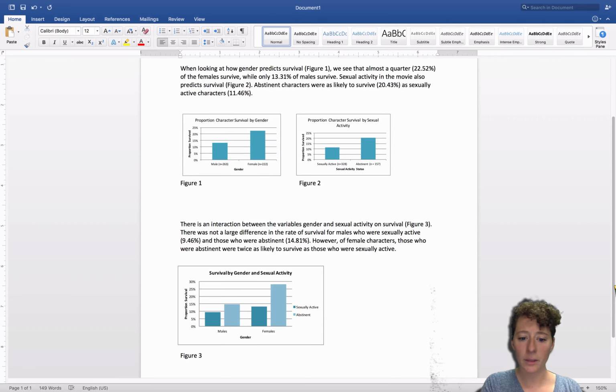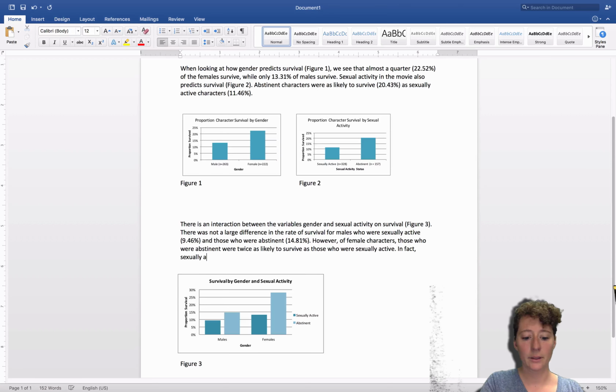And what else did we notice? We want to draw the attention to, in fact, sexually active females were just as likely to die in the movie. How much? 13.25% as the average male.